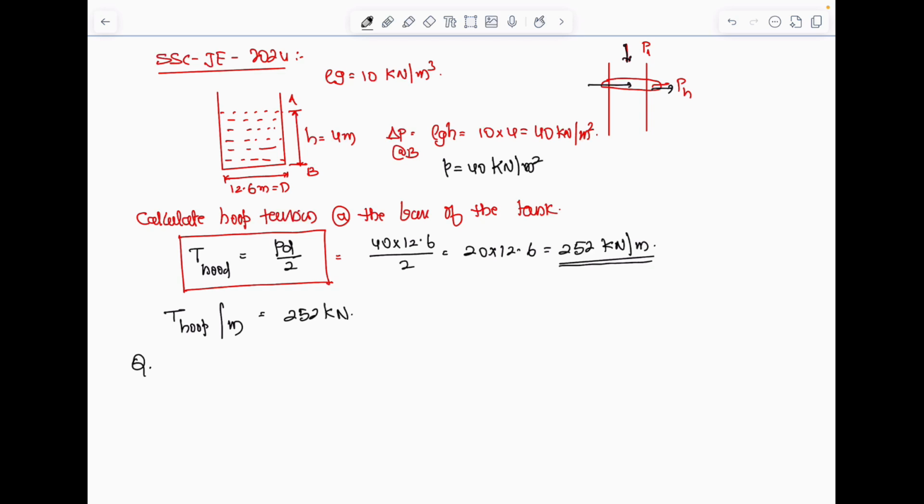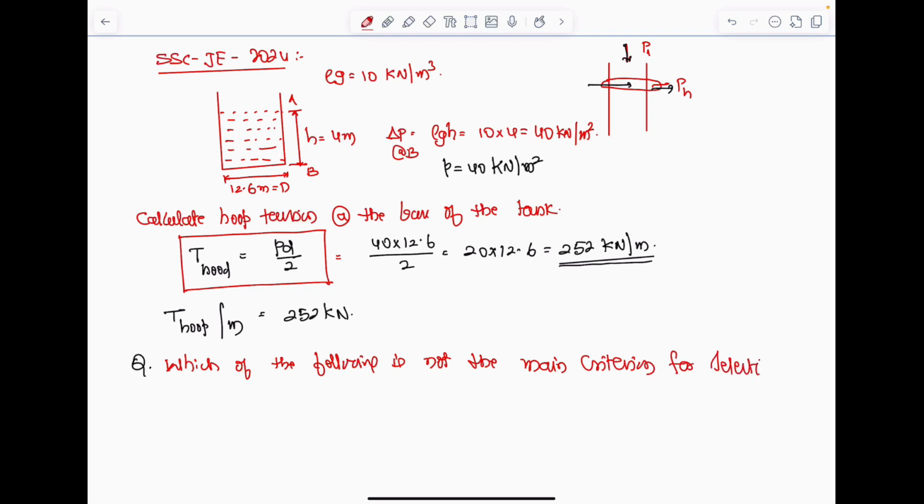Let me say, which of the following is not the main criterion for selection of hydraulic pumps?